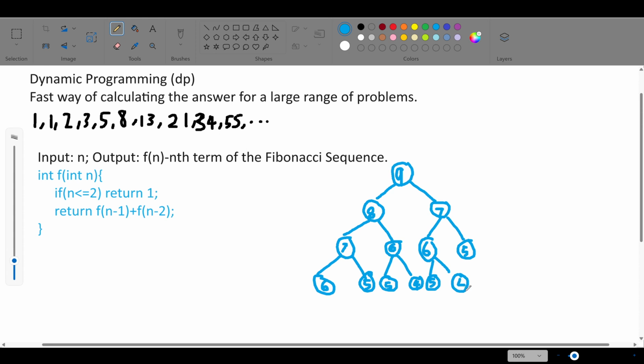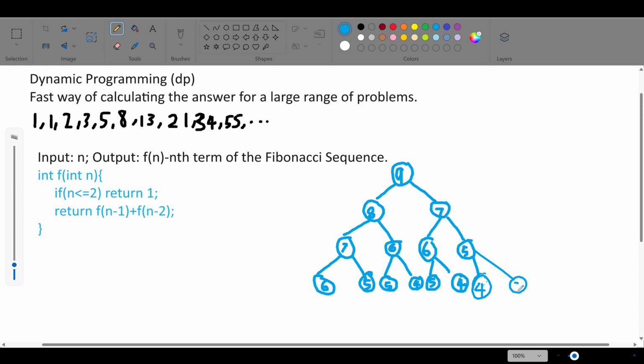We split it up into n equals 5 and n equals 4. We also split this up into n equals 4. Let me just erase that. We split this up into n equals 4 and also n equals 3.